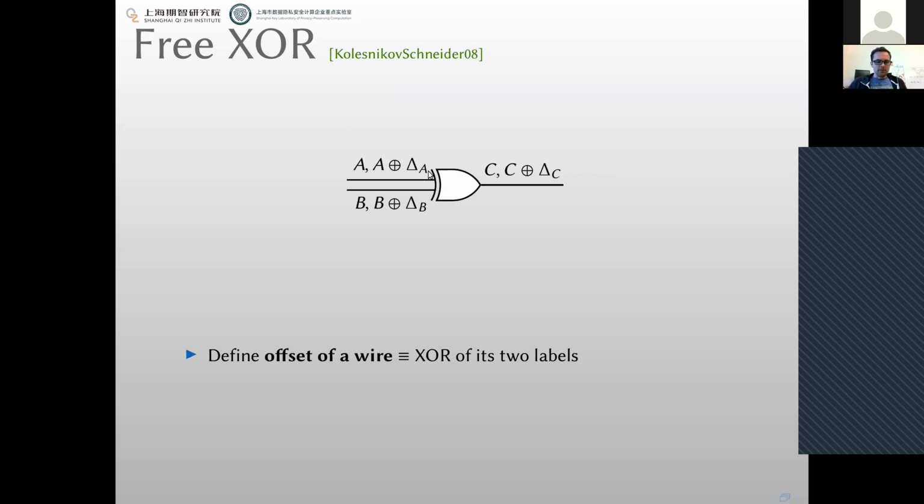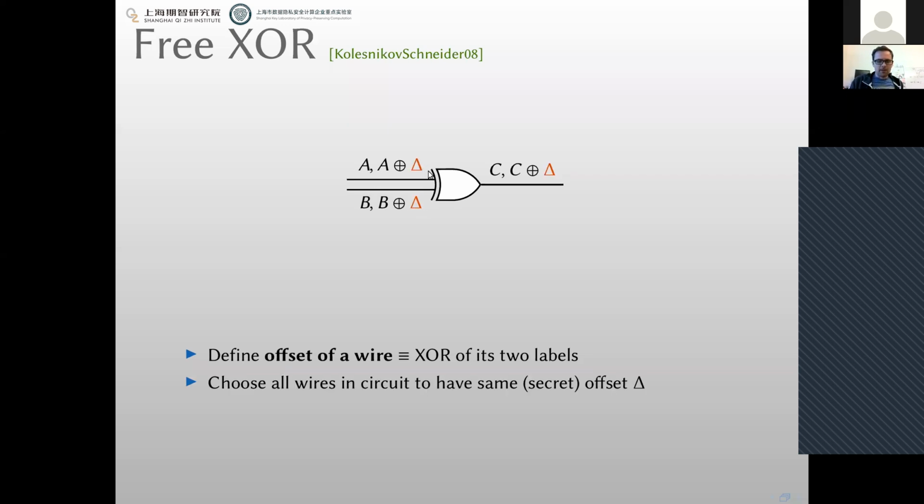So far I haven't changed anything. It's maybe a change of basis, but I haven't changed anything. The free XOR trick says, let's make sure that all the wires in the circuit have the same offset. So now this delta value is global. Every wire in the circuit has two wire labels whose XOR is this delta. Same delta for every wire.